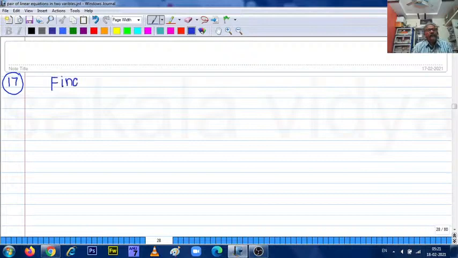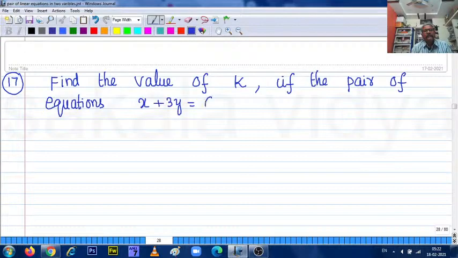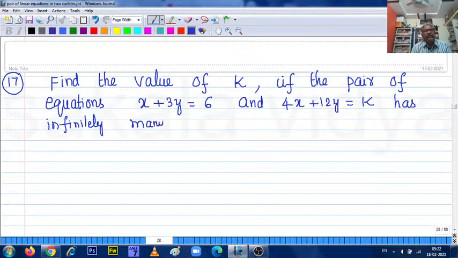Find the value of k if the pair of equations x plus 3y equals to 6 and 4x plus 12y equals to k has infinitely many solutions. That means consistent also, and many solutions.